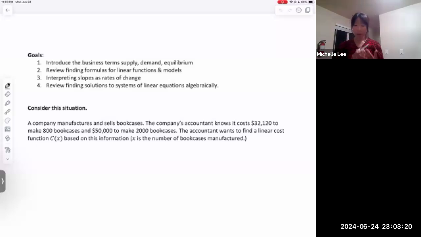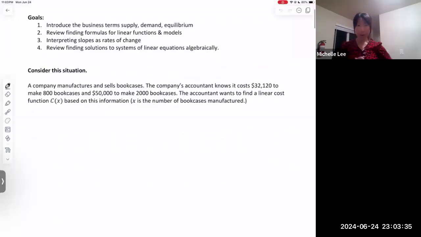The goal is to introduce business terms, supply-demand equilibrium, and linear functions again, and then interpret slopes as a rate of change. Okay, so we have this question: a company manufactures and sells bookcases.